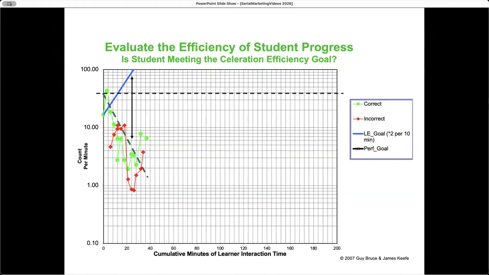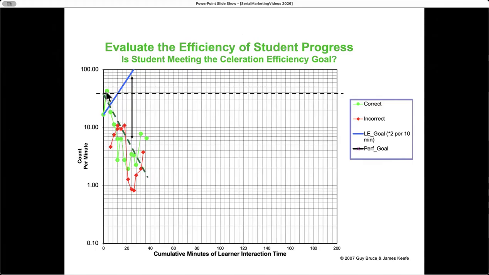So here, as you may remember, was the acceleration efficiency of the student who was working on mastering the appropriate eye contact skill. And as you can see, there's actually deceleration here, meaning that the more the teacher implemented the procedure, the worse the student got.